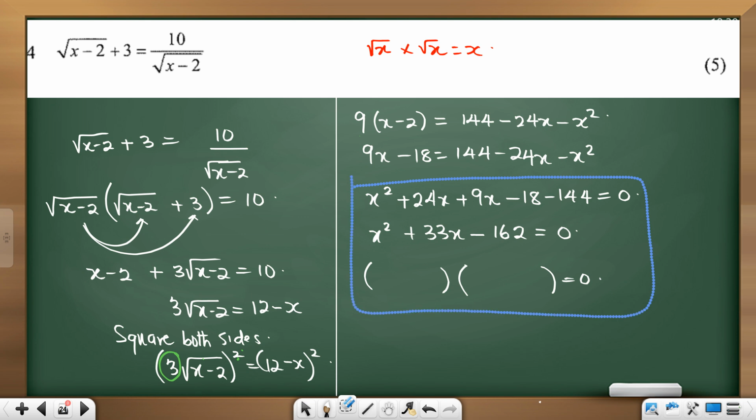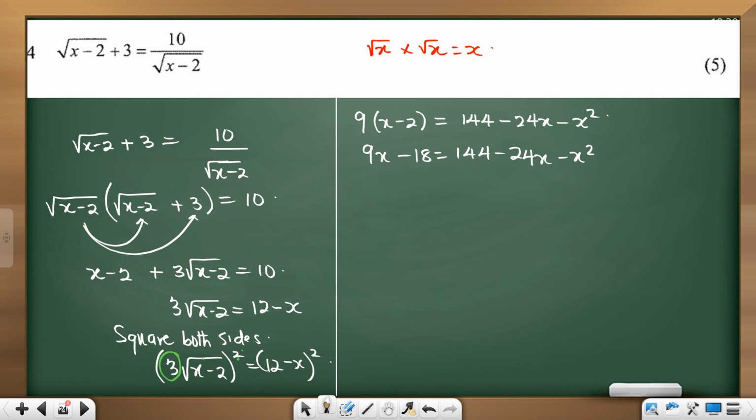Let's do this. I just want to show you something here. If I move to the right, what would I have? Negative x squared, minus 25x, minus 9x, plus 144, plus 18. There's nothing wrong with this.